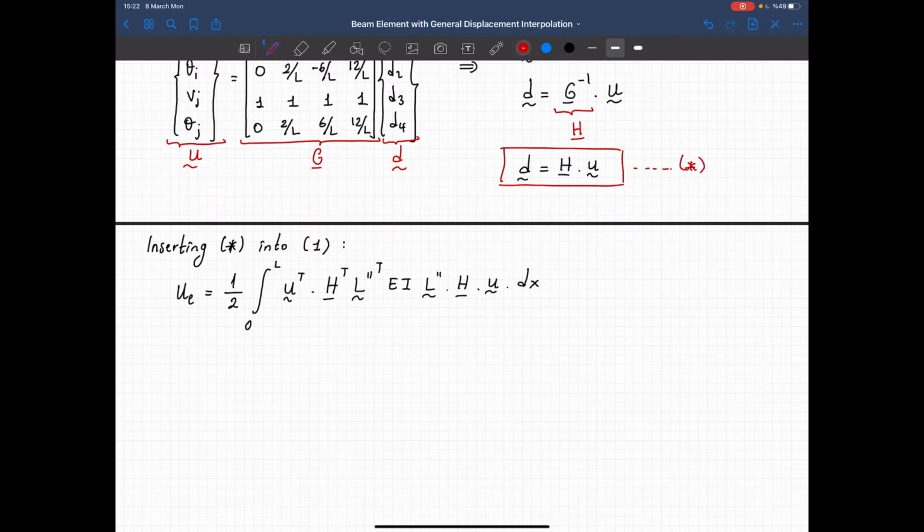And we already say that this is equal to, or I can just write it in this form so that it's easier.